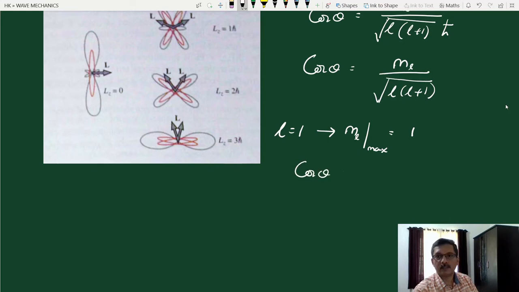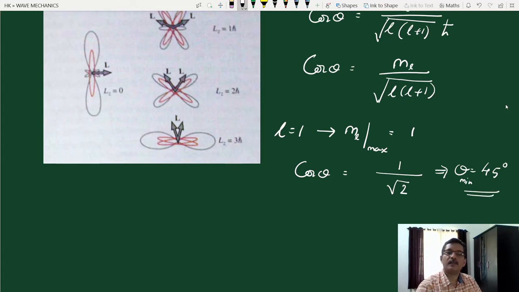Cos theta is equal to 1 divided by the denominator; put L equal to 1. So when you put L equal to 1, what you get is root 2. 1 by root 2, which implies theta is equal to 45 degree. Okay, so this is the minimum theta. Theta minimum is 45 degree for L is equal to 1.